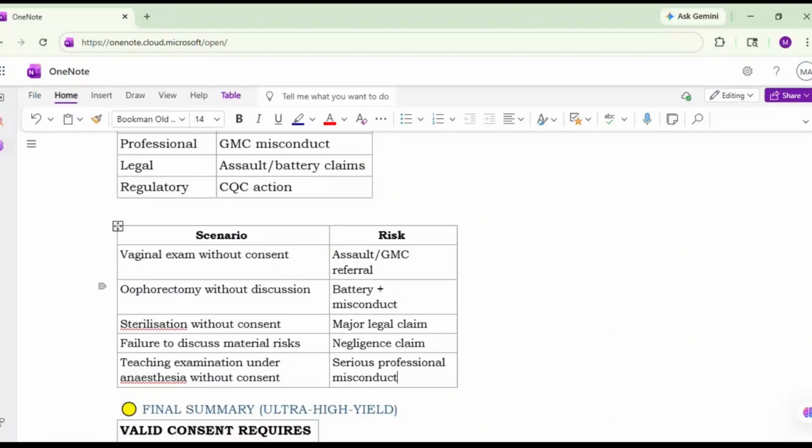If oophorectomy is done without discussion, it is a sort of battery or professional misconduct. Sterilization without consent is a major legal claim. Failure to discuss material risk is negligence. Teaching examination under anesthesia without consent is a serious professional misconduct.